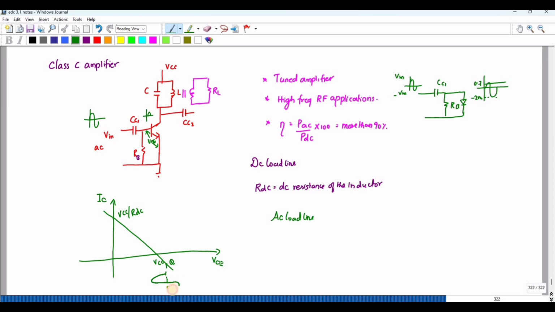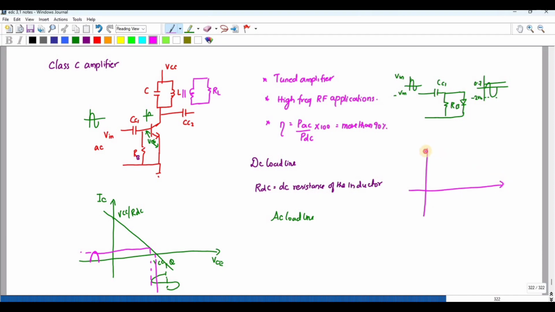So my input signal is like this, and my output signal is like this only.